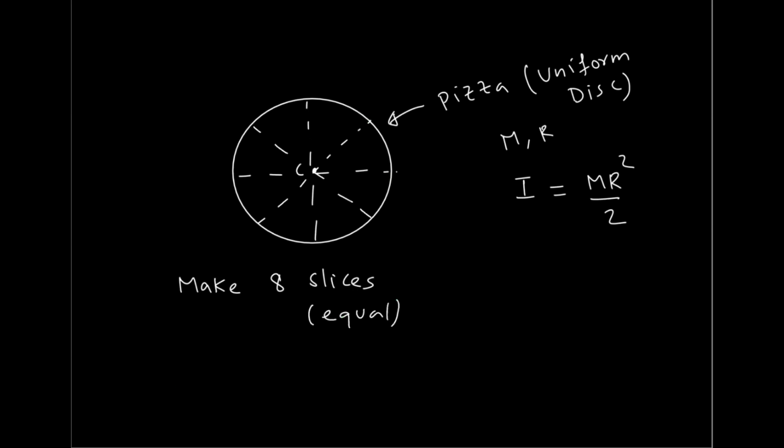The slice which is left, suppose this slice is left. I'm just playing around with it. I place a toothpick here, vertically, and then I spin it. It will have some moment of inertia. What will be that moment of inertia?